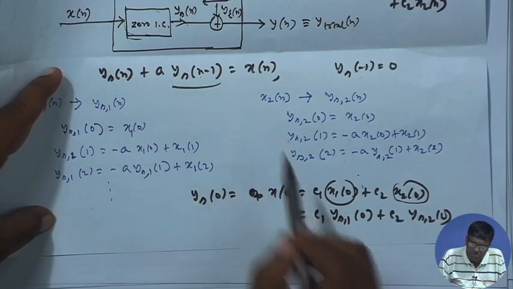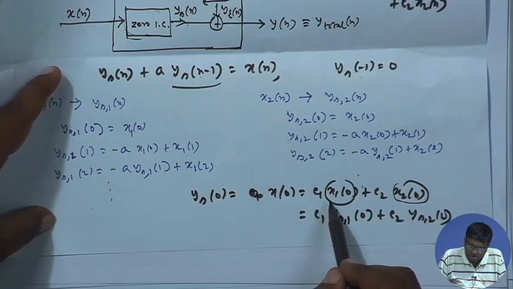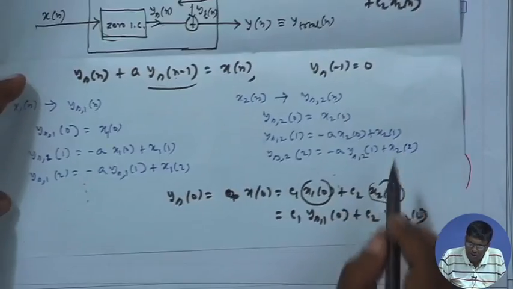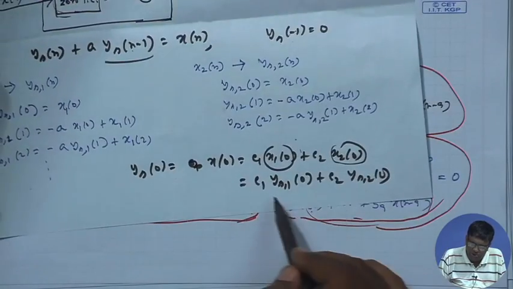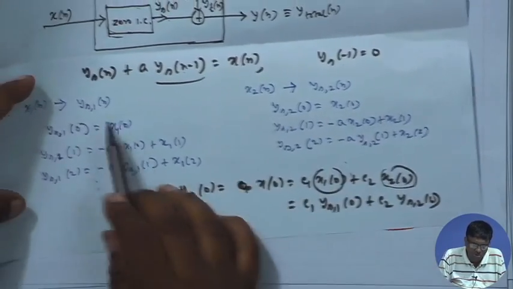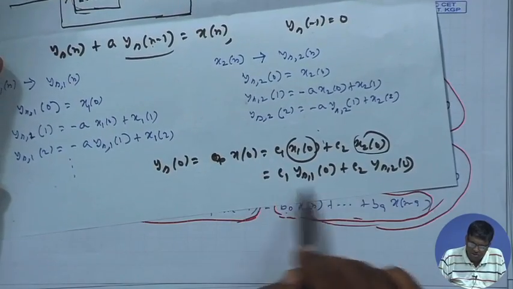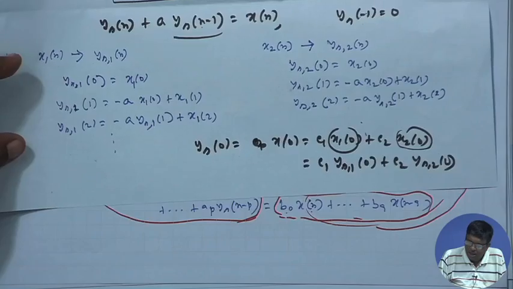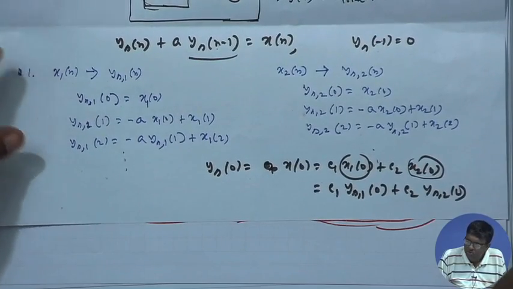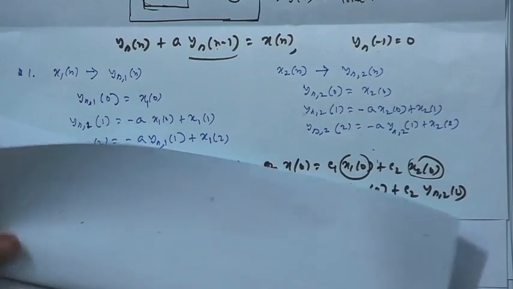So, y_s[0] will be x[0], which is c_1 x_1[0] plus c_2 x_2[0], but x_1[0] gave y_s1[0] and x_2[0] gave y_s2[0]. So, it is a linear combination of the outputs for the two cases. Linearity is satisfied at n equal to 0, and then you can see linearity will be satisfied at any other index. We can prove it by induction.